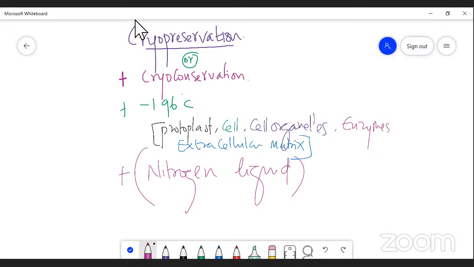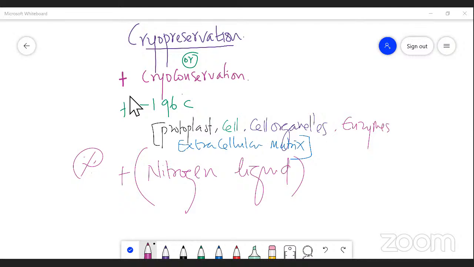So please understand, nitrogen is used in cryopreservation in the form of liquid. So the liquid form of nitrogen is used in preservation of protoplast, cell organelle, enzyme, and extracellular matrix. Dear student, please understand, one agent is used in cryopreservation.